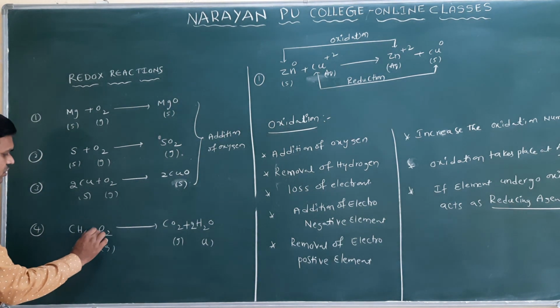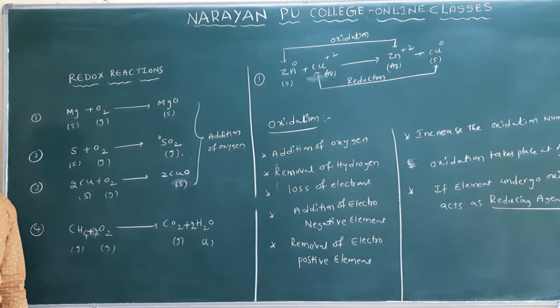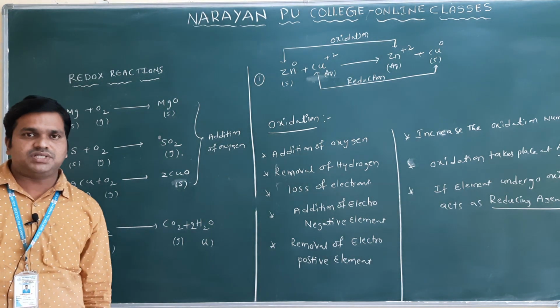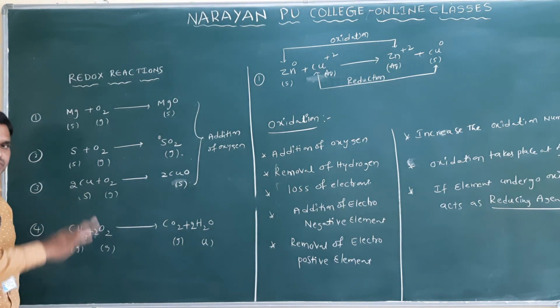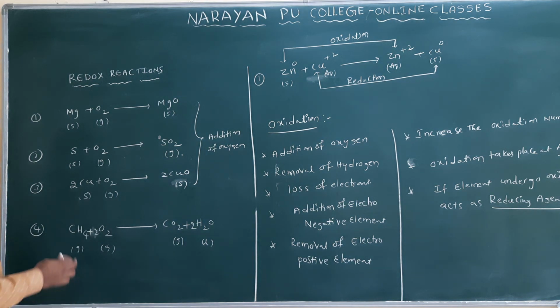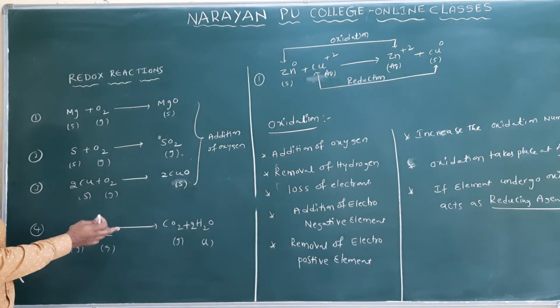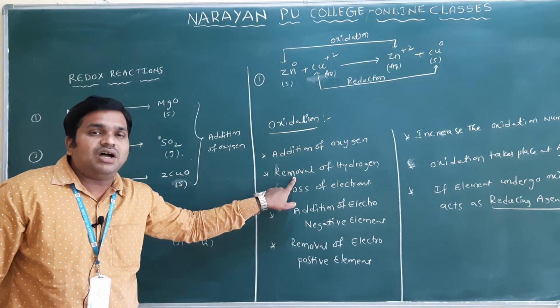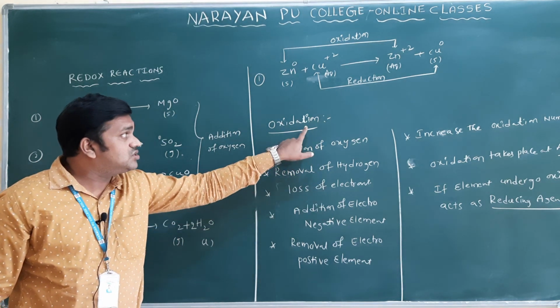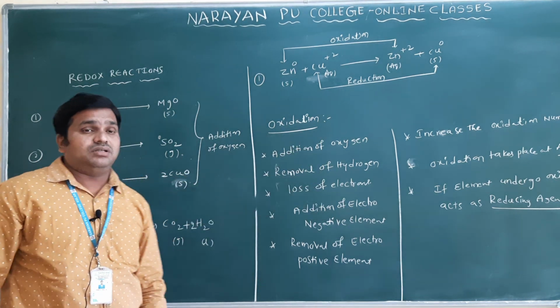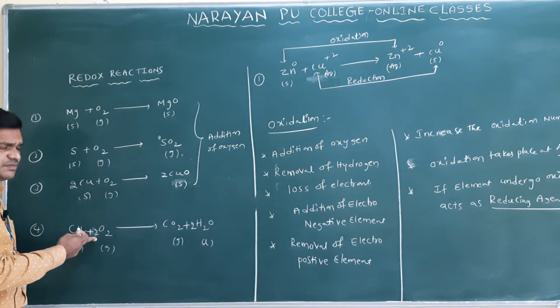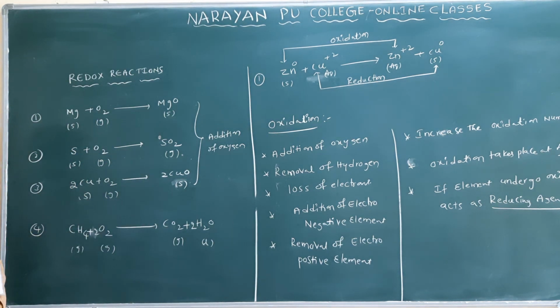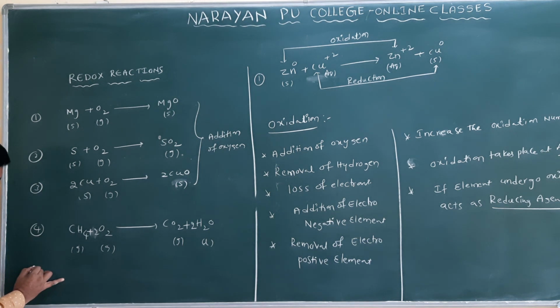Here the reaction is complete burning of the substance in the presence of oxygen. So we have addition of oxygen, and what are we removing? Hydrogen only. This is removal of hydrogen, which also comes under oxidation only. Addition of oxygen takes place, and removal of hydrogen also takes place in this reaction.